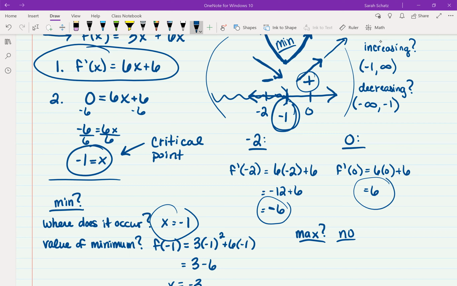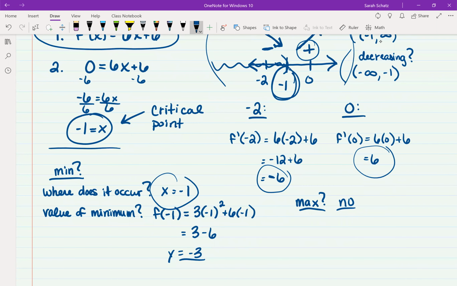So we could answer questions about where it's increasing, where it's decreasing, and questions about if we have a min or a max, where it happens. Well, it happens at the critical point, and what the value is there. If we had found that our -1 was a max on this problem, then we would have done all that over here and we would have said there was no minimum, but it was a min for us.